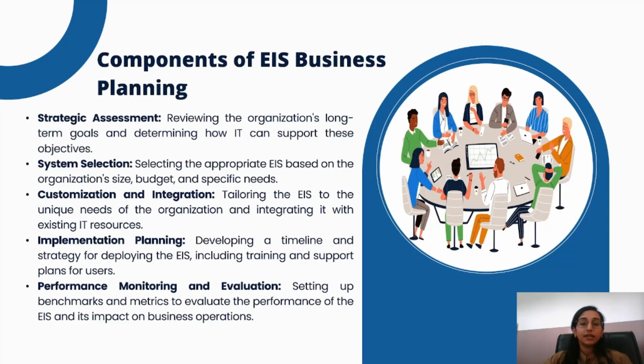Based on the detailed requirements gathered during the system selection phase, identify which aspects of the EIS need customization to support unique business processes or to enhance user experience. Prioritize customizations that deliver significant business value, such as improved process efficiency or better data insights.